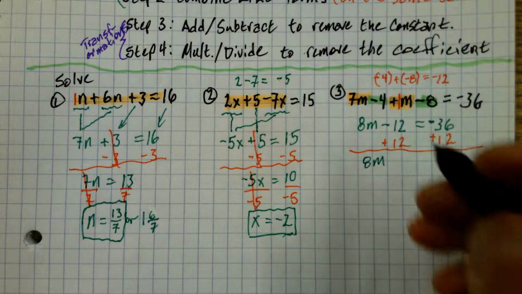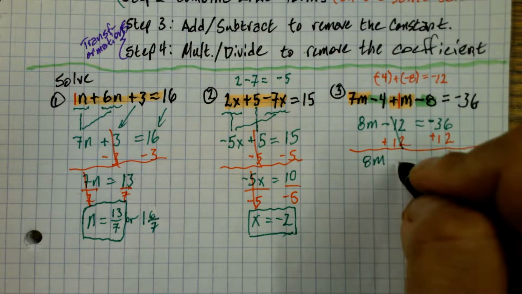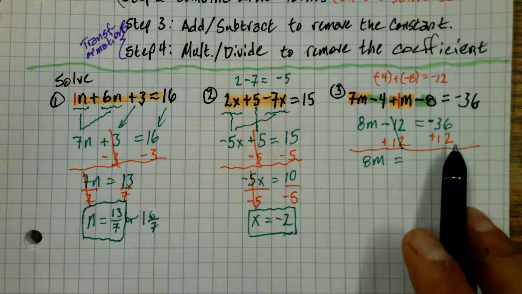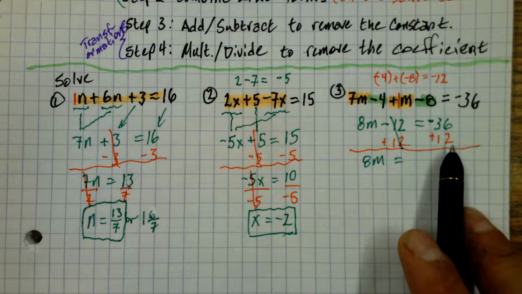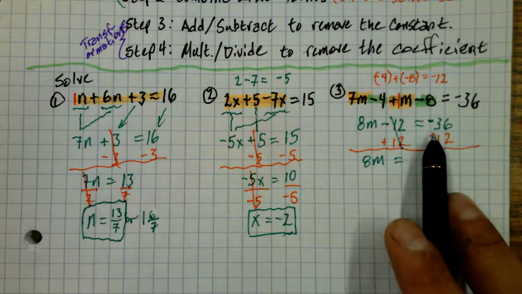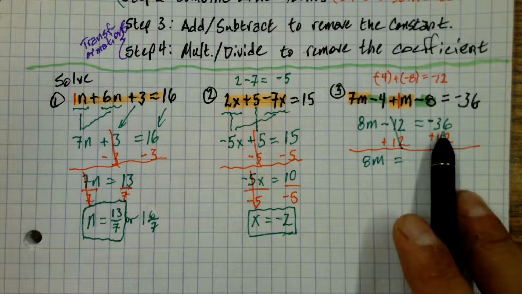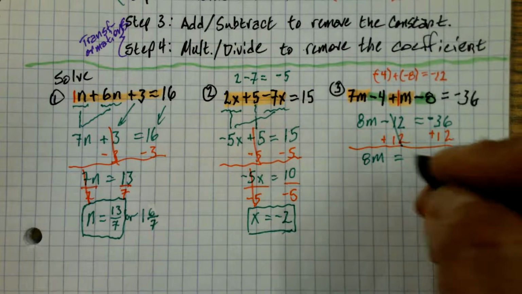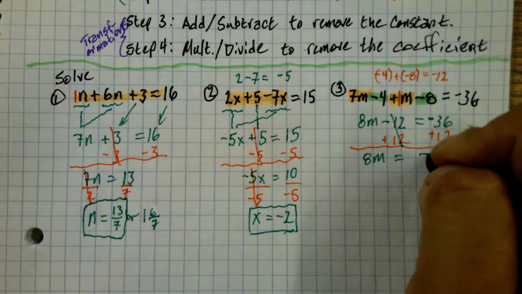8m, these will make 0. And now, again, I'm adding a -36 and a positive 12. Well, I know the answer is going to be negative because 36 is the bigger number and it's negative. So that should give me negative.